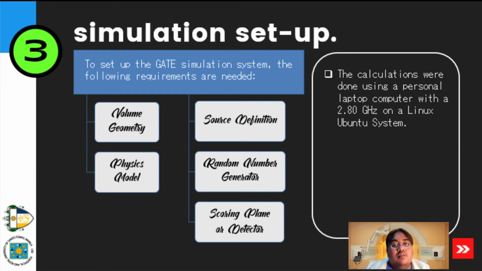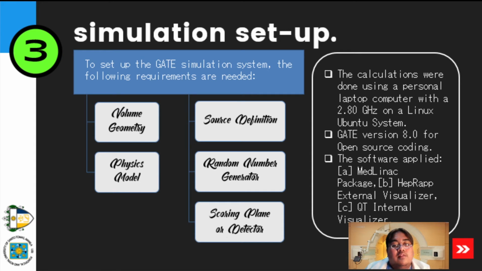As mentioned, it's using a 2.8 gigahertz processor on a Linux Ubuntu system. The GATE version applied is version 8, open source coding, and the software we have is a MedLinux package. And then we have the HepRApp external visualizer and the Qt internal visualizer.